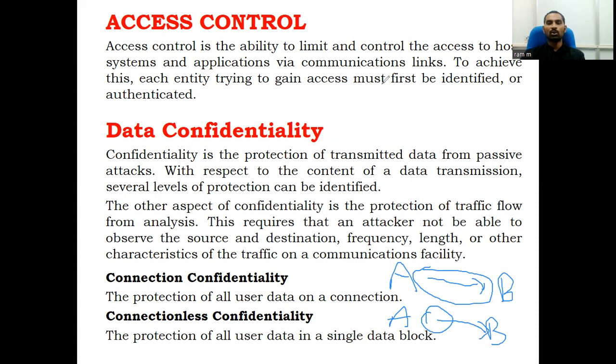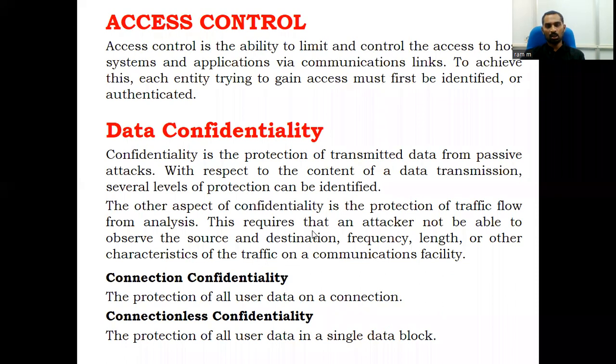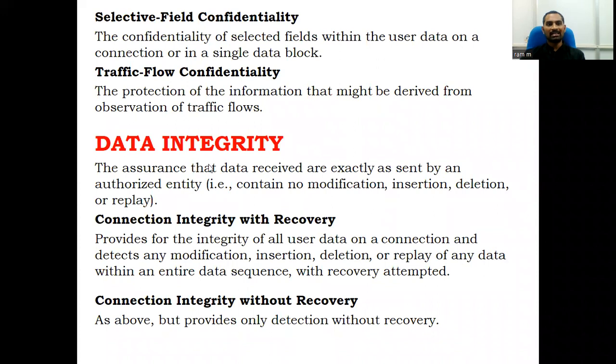Remember these two things, connection confidentiality and connectionless confidentiality. Now, selective field confidentiality provides confidentiality for selected fields within the user data on a connection or in a single data block. For example, in computer networks, when you are transferring data using TCP or UDP, you may have seen the TCP header and UDP header, where we have different fields.